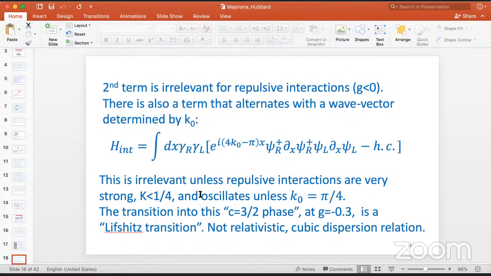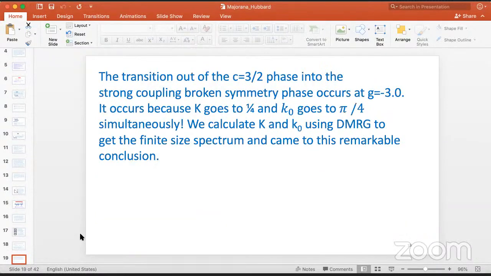So this transition into the c equals 3/2 phase at G equals minus 0.3 is a Lifshitz transition, not relativistic, with a cubic dispersion relation. Transition out of the c equals 3/2 phase into the strong coupling broken symmetry phase occurs at G equals minus 3. And it occurs because K goes to 1/4 and k0 goes to pi over 4 simultaneously.